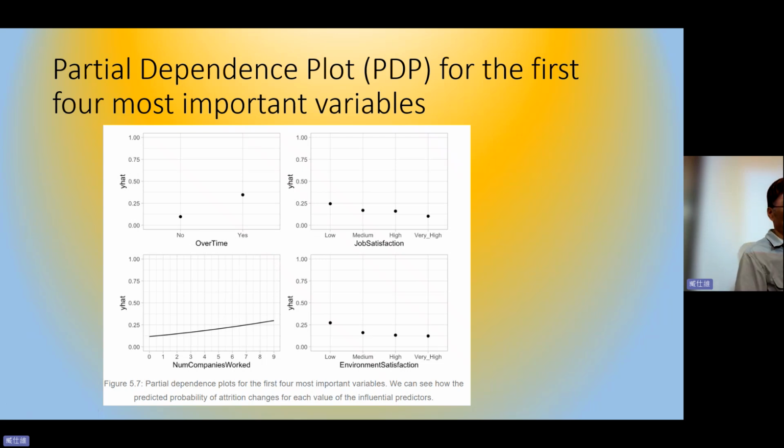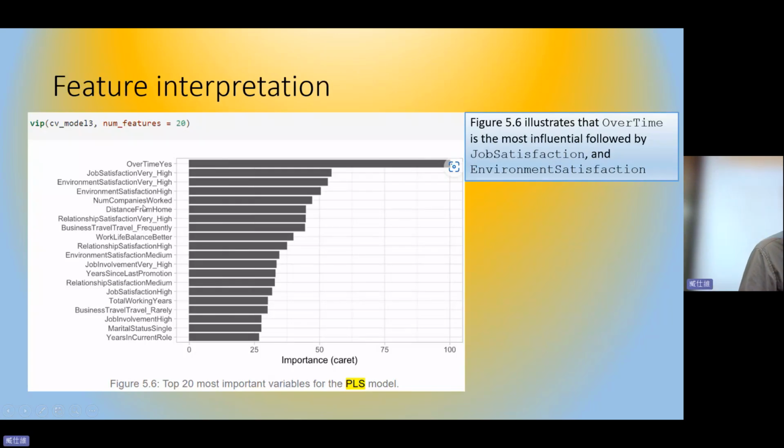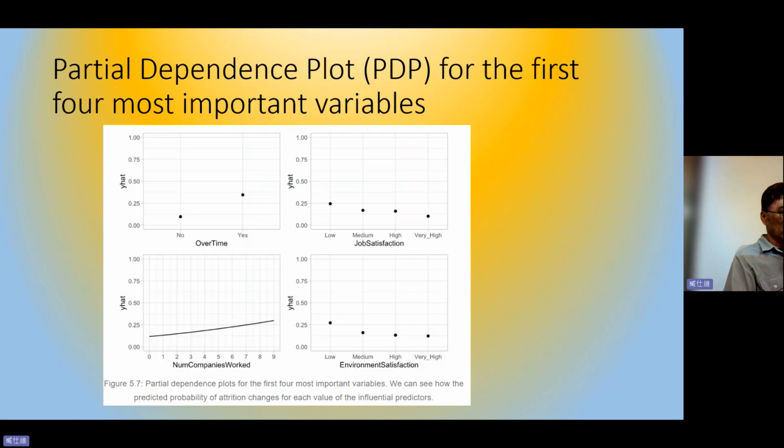These 4 variables are the most important variables here. Overtime, job satisfaction, environmental satisfaction, and number of companies worked. So these 4 features are selected, and we want to see their relationship with the target variable, which is the probability of attrition.